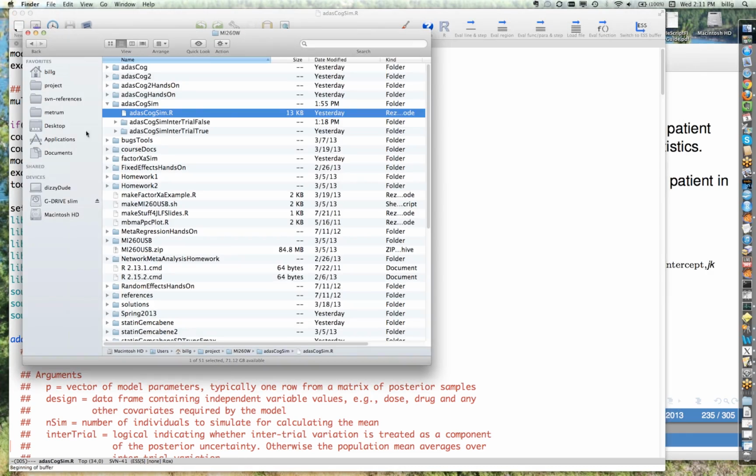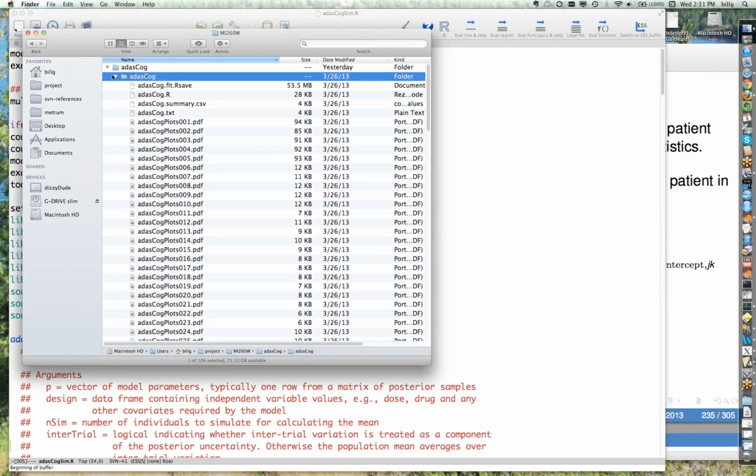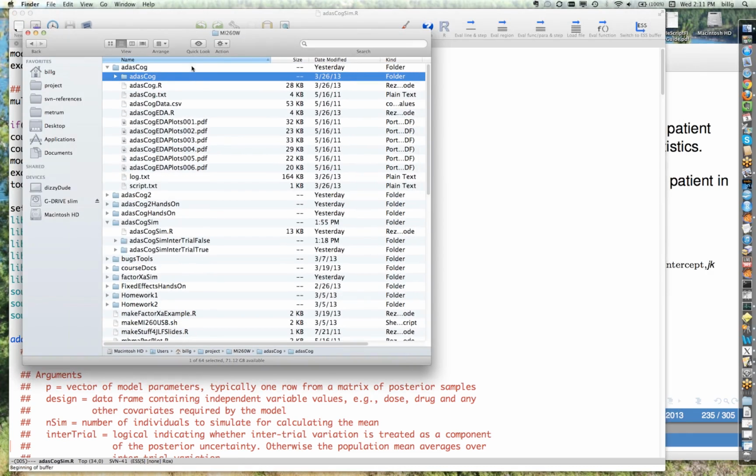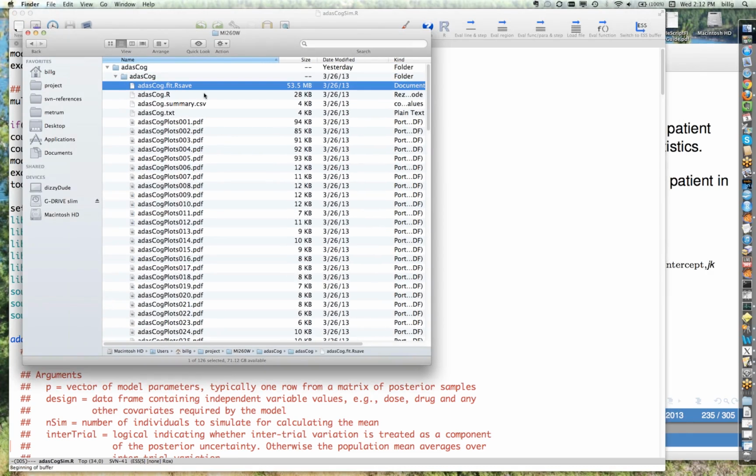So just go back to our files here. In other words, I'm going to go back up to the ADAS-Cog directory, and inside the further folder in here, there'll be this object here, ADAS-Cog fit.r save. So we're going to grab that and grab the posterior samples for our various parameters from that file.